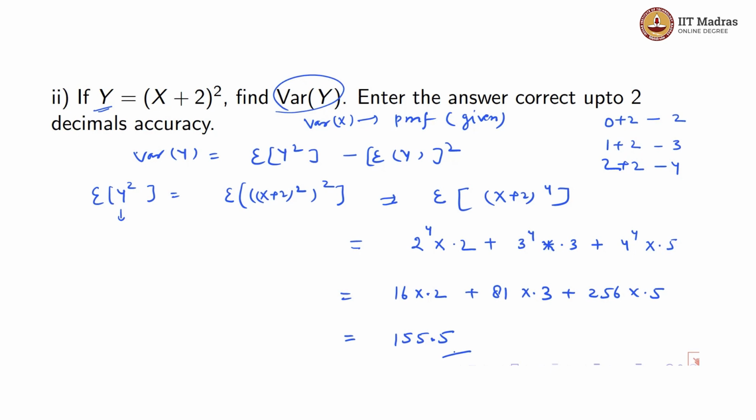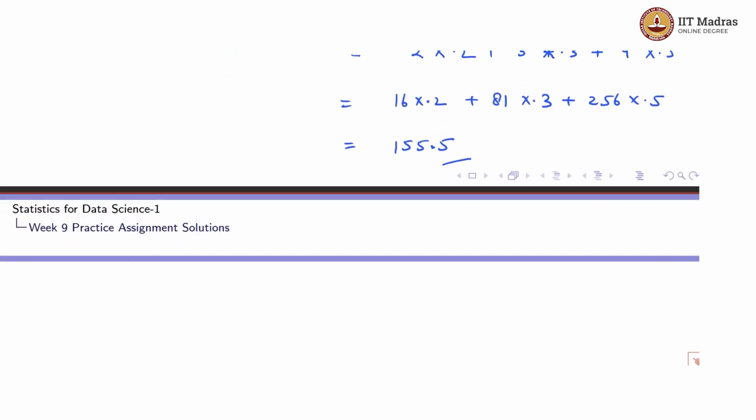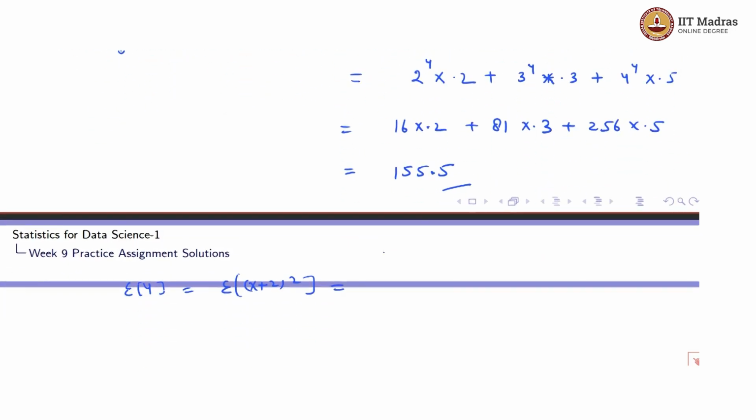Okay, and now we calculate the expectation of Y. Expectation of Y, so we can write this as expectation of (X plus 2) whole square. Again we have to do the same thing; the only change is that there we had power 4, now here we have power 2. So 0, 1, 2 will transform to 2, 3 and 4.